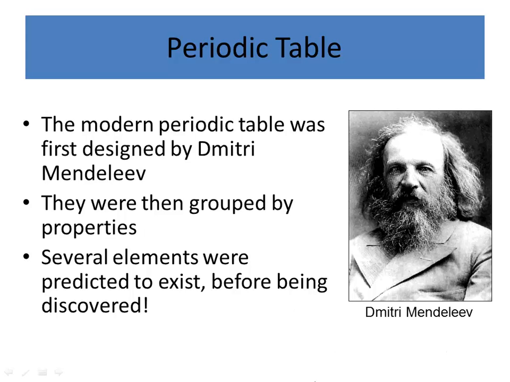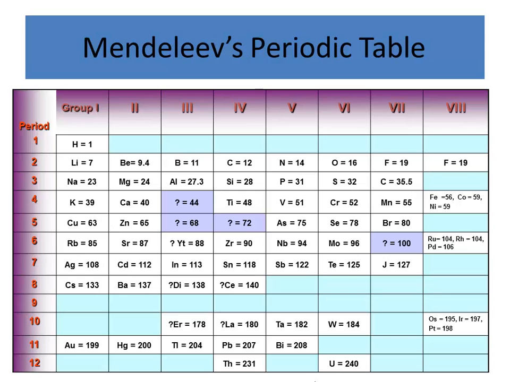The interesting thing about this is he actually put them in an order, sort of like we did today, and they didn't know all the elements back then. So he actually predicted some elements that were later discovered. He said there's a space here, so there should be another element that goes here. And it was true. They were actually predicted. And here's an example of this.